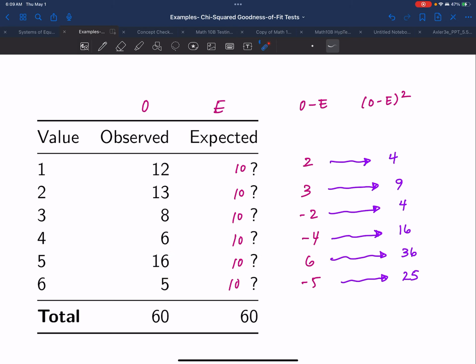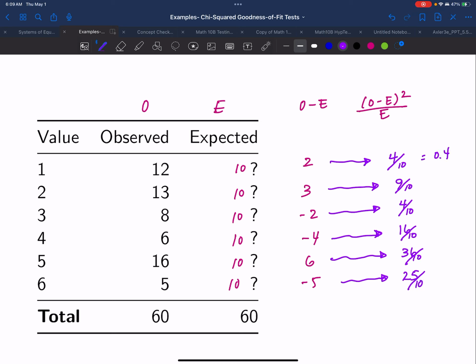That's the kind of expansion that we're hoping for. Let's divide everything by E. Remember that we need to divide by E. So that's 4 out of 10, 9 out of 10, 4 out of 10, 16 out of 10, and so on.